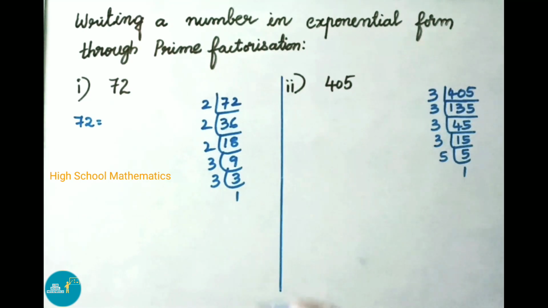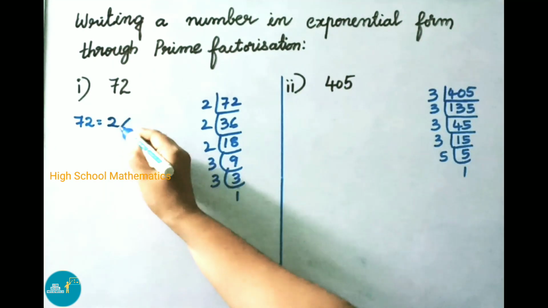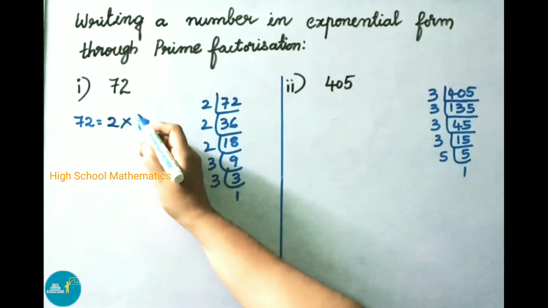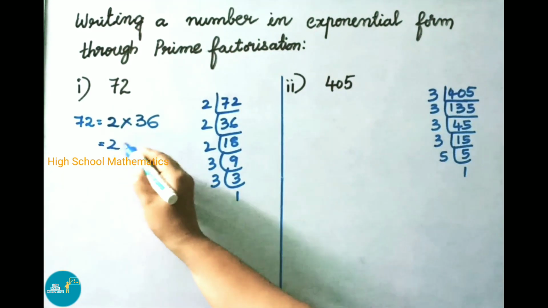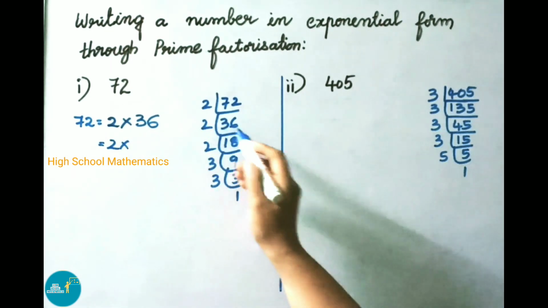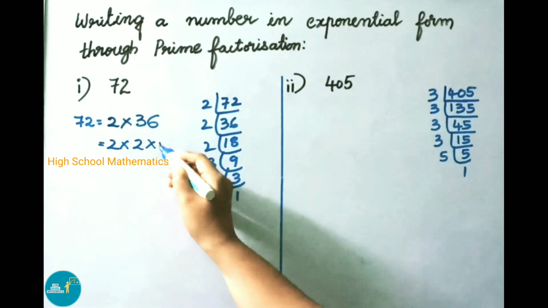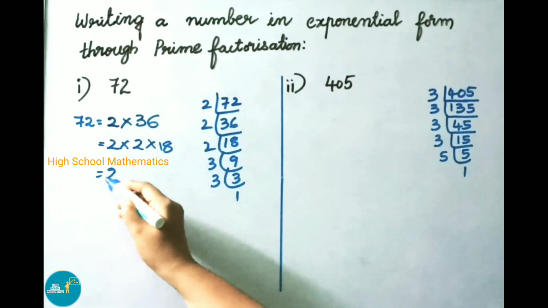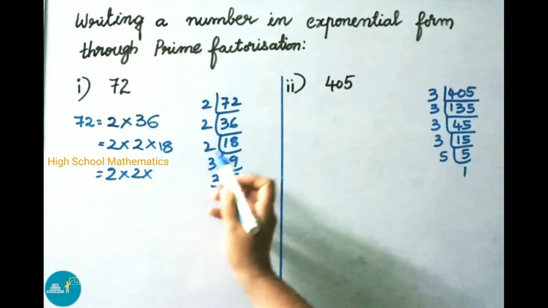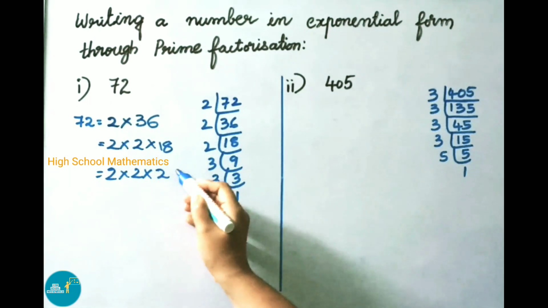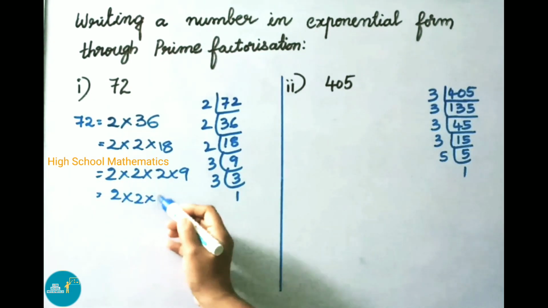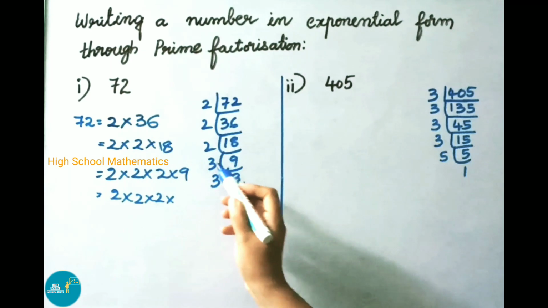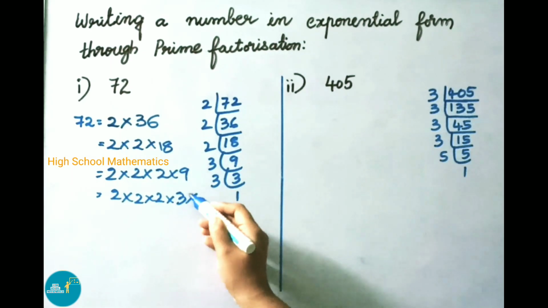Now let us write here 2 into 36 is 72. That equals 2 into 36, written as 2 18s are 36. That equals 2 into 2 into 18, written as 2 9s are 18. That equals 2 into 2 into 2 into 9, written as 3 3s are 9.